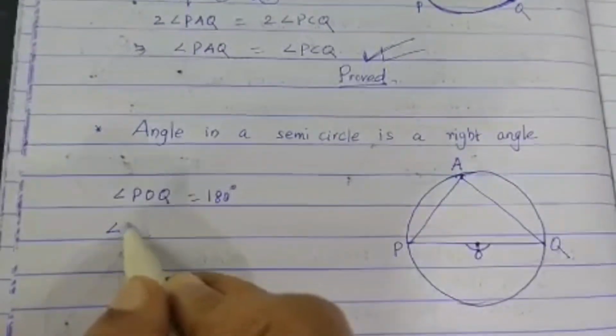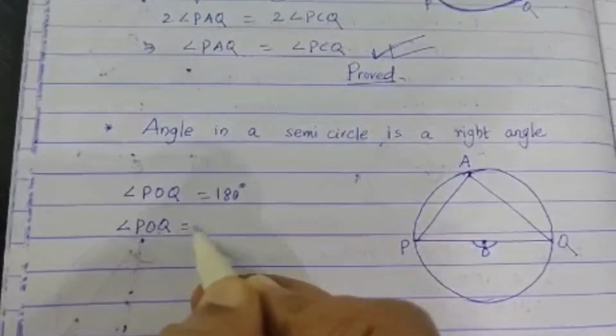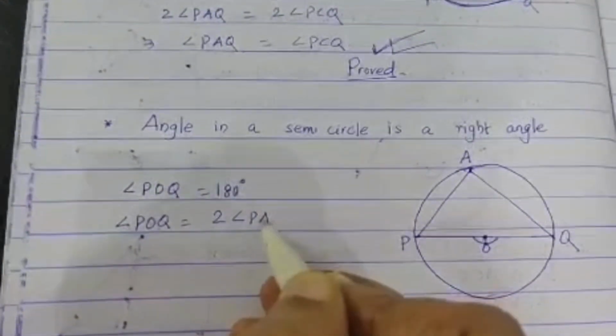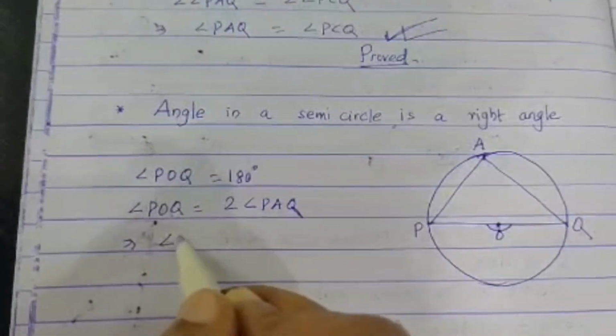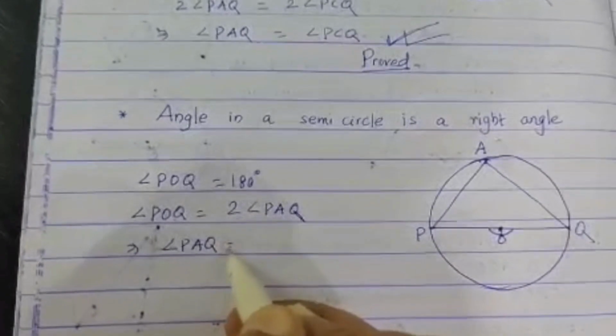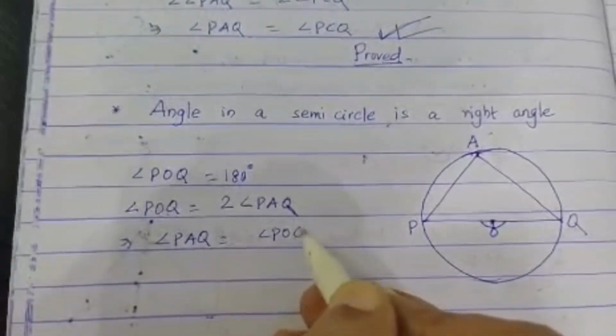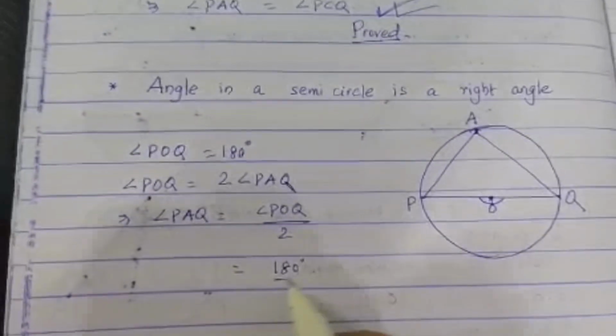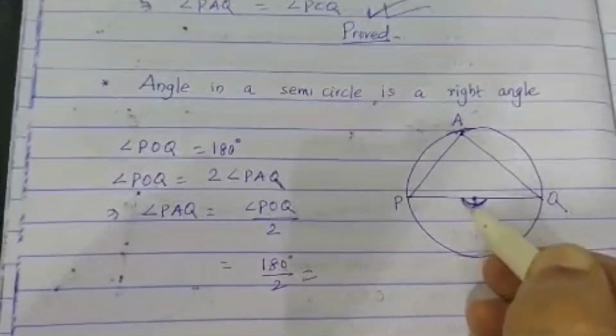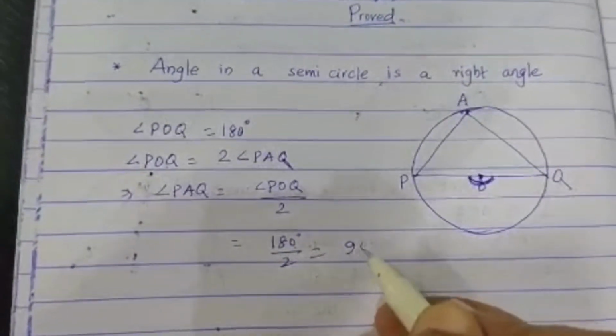Now we can say that angle POQ is equal to twice angle PAQ from the very theorem we have studied just before. This implies angle PAQ is equal to angle POQ divided by 2. That is equal to 180 degree by 2, because this is linear pair. That is equal to 90 degree.